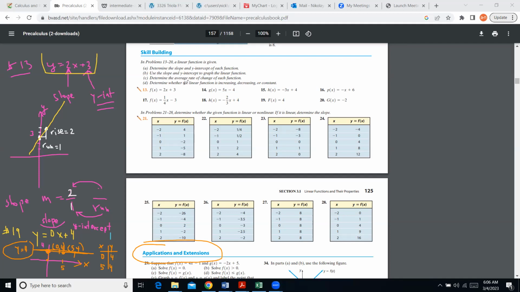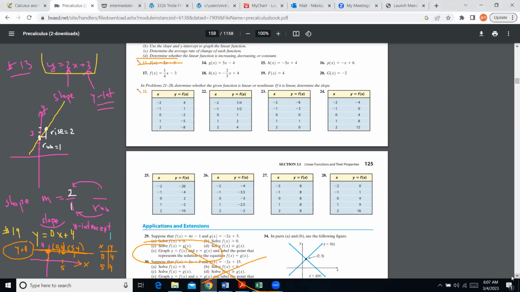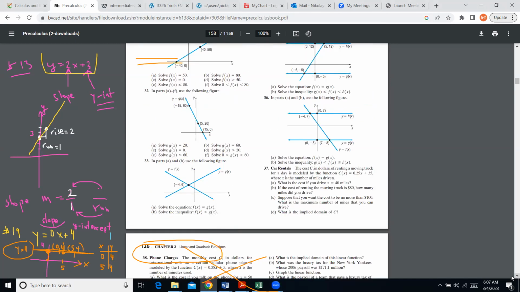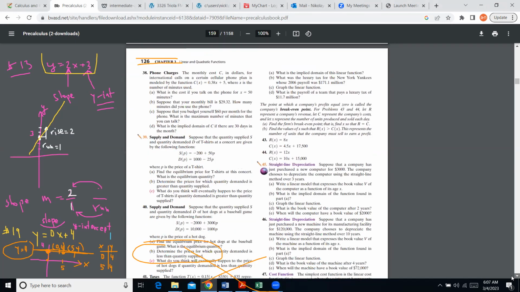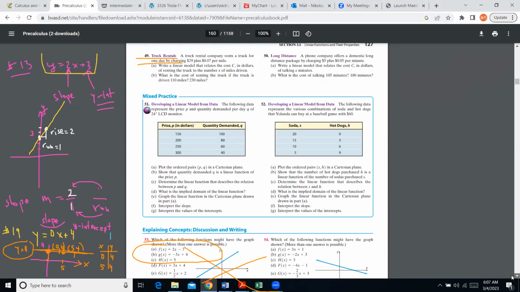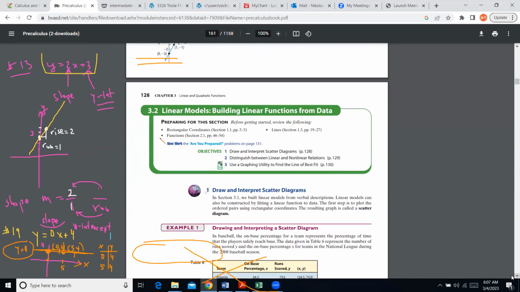So all you do is skill-building exercises, and you can do a few problems here and not worry about the rest of the section, because I don't ask you to do exercises for homework related to these applications. They're like word problems. I know people don't like word problems. I will do some of the word problems eventually, but I don't make you do them for homework.